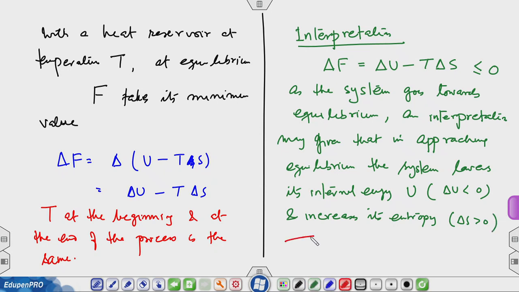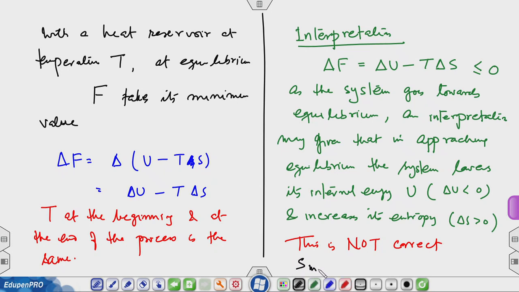But this is not correct. This is not correct because delta U is coming from the heat given by the reservoir to the system, and we are writing that in terms of the change of the internal energy of the system. The only thing that is driving the system towards equilibrium is the maximization of the entropy.